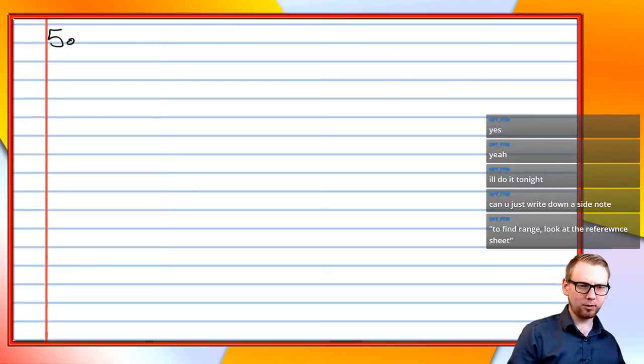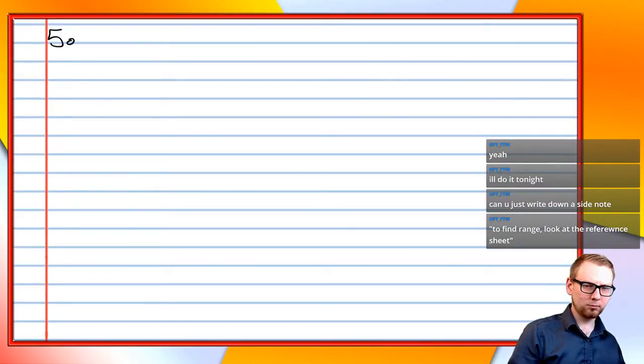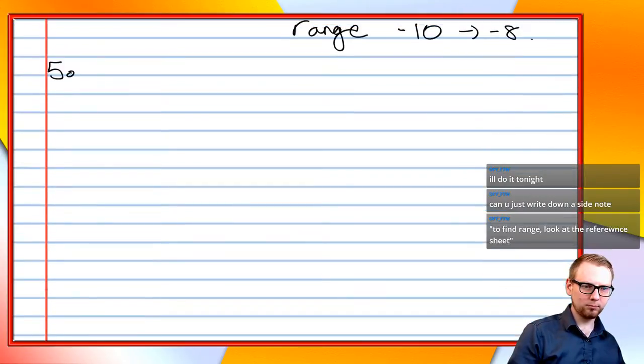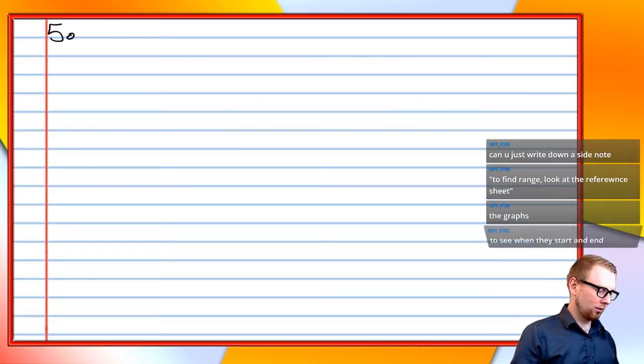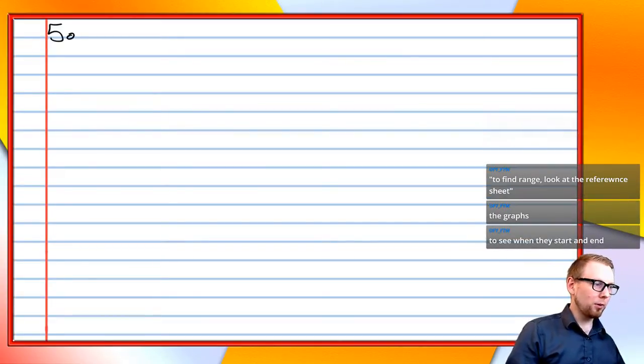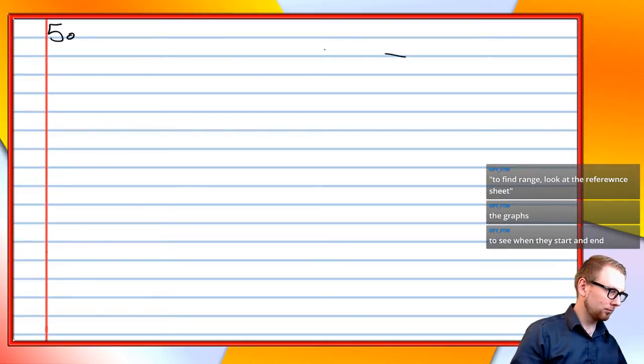Look at the reference sheet. I didn't put anything on any reference sheet. The range of the base function, I think that's what you're referring to.